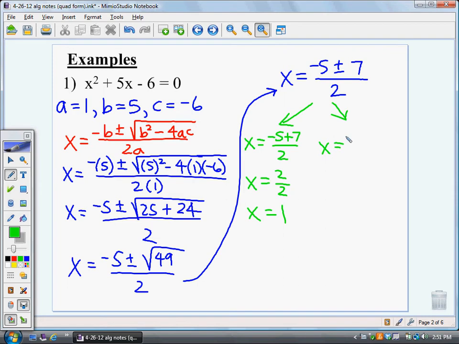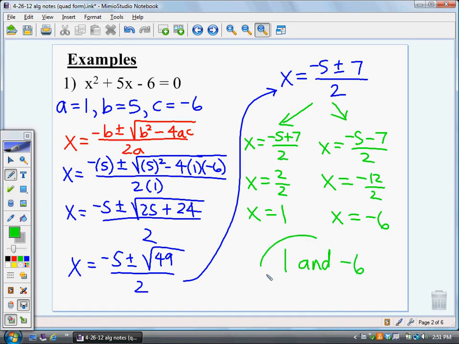So x would be -5 minus 7 all over 2. x would be -12 divided by 2. And x is -6. So the plus or minus, that's how we get our potential two answers. We do it one time with a plus sign, one time with a minus sign. So the answer, x is 1 and x is -6.